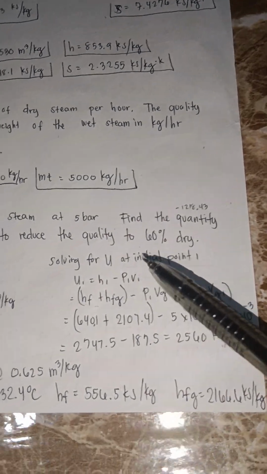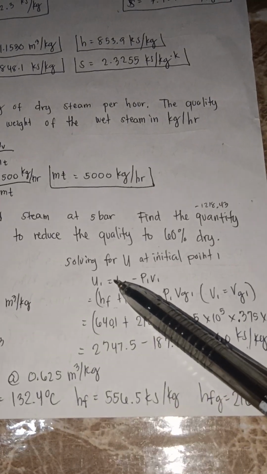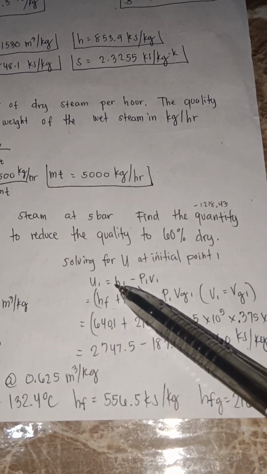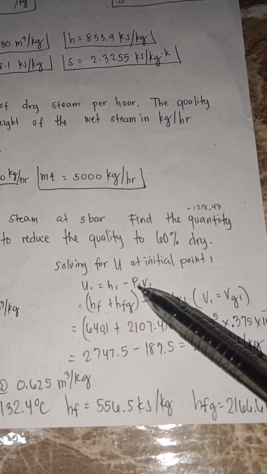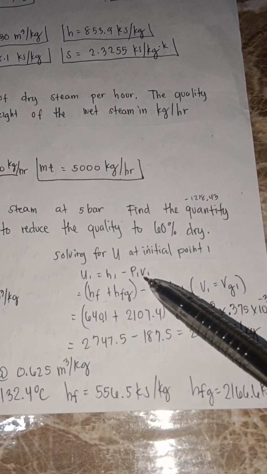So solving for the internal energy at the initial point. Internal energy initial is equal to enthalpy initial minus initial pressure times initial volume.